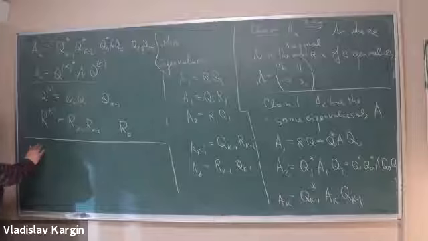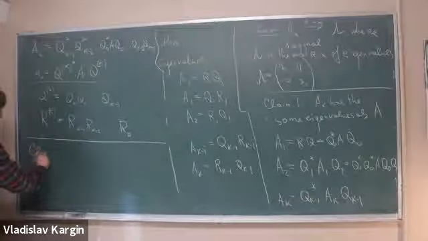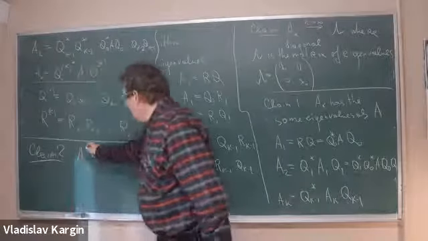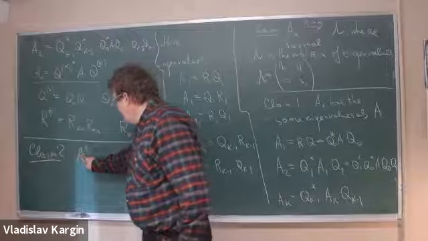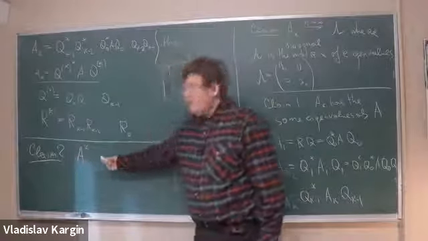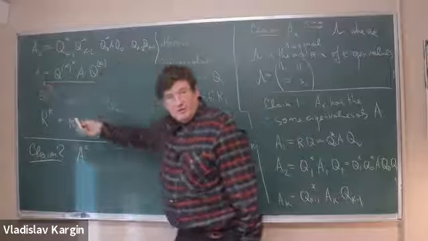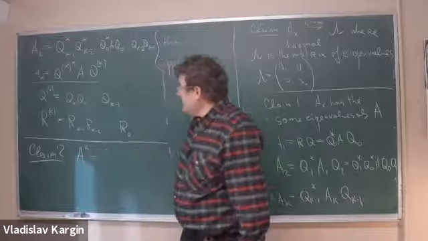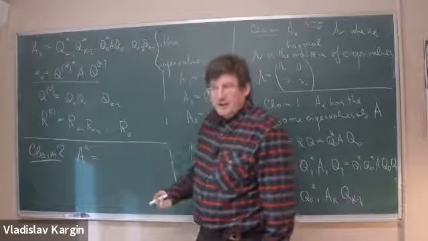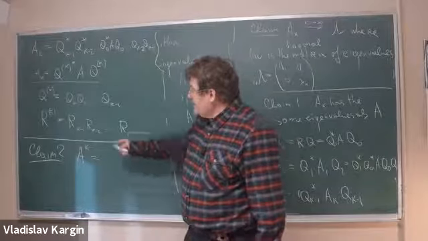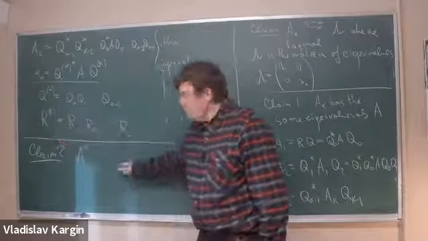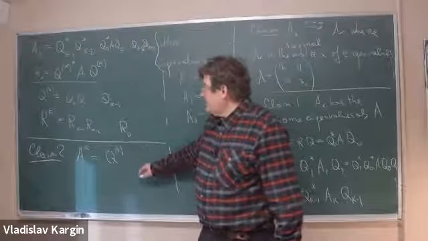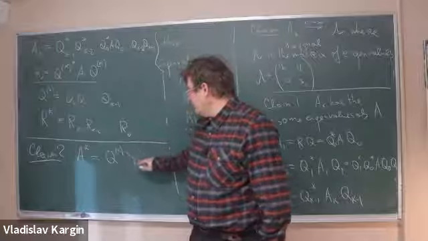Claim 2 says that if you look at A to the power of K, not A sub K, but just the power of the matrix A, it turns out that the QR factorization of this matrix is given by QK and RK. This is a highly non-obvious thing.